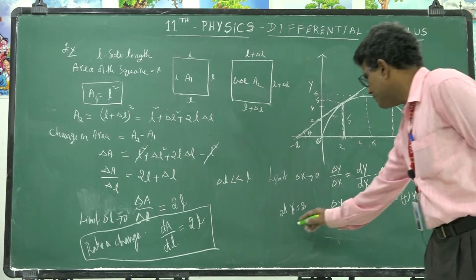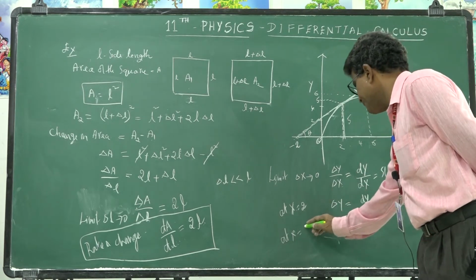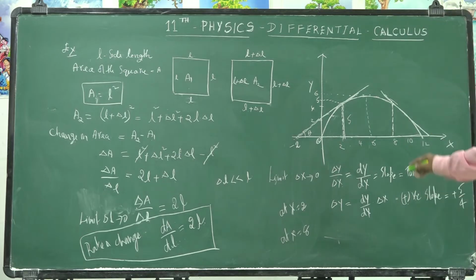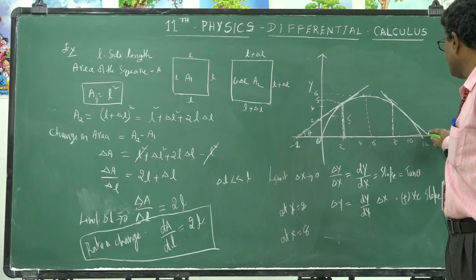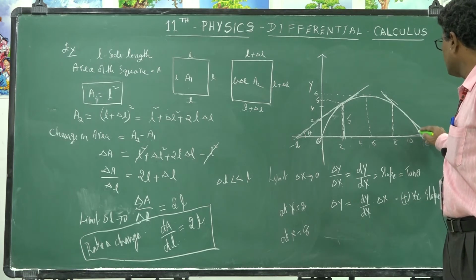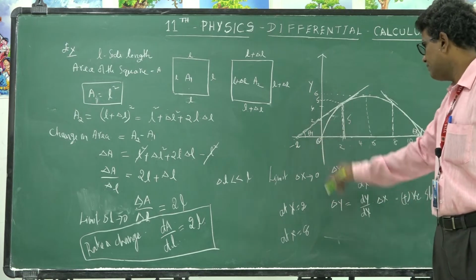What is the slope at x equal to 8? At x equal to 8 the slope is negative. This angle is tan theta 2. Let the earlier one be tan theta 1.